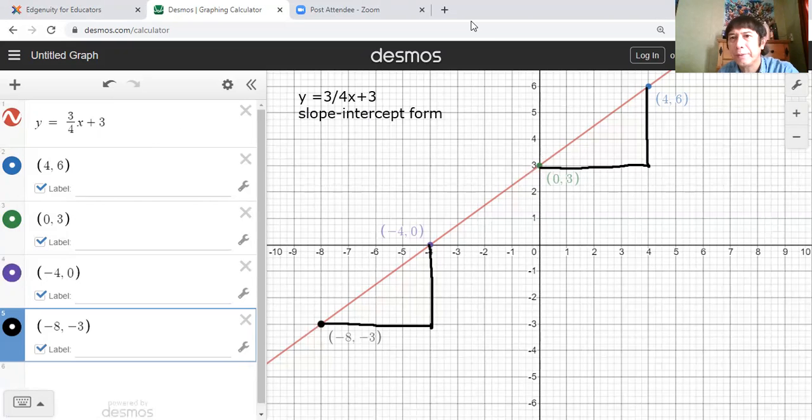So I can actually do an arrow there to show that that's actually the 3 I'm talking about. This particular 3 here, that number 3, goes to this 3 here. Now this 3/4 is this 3/4 there. That is actually the slope of your line.